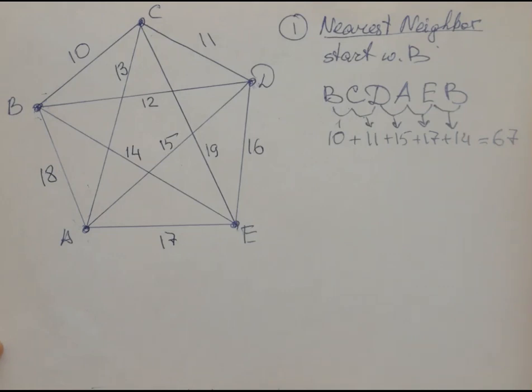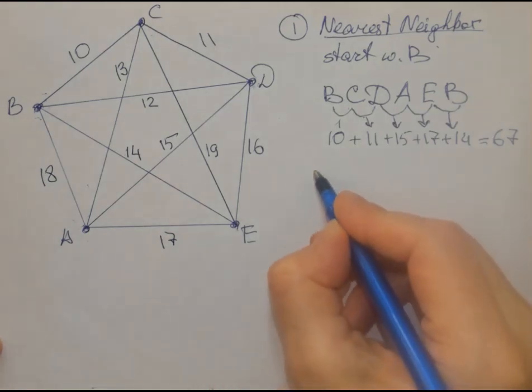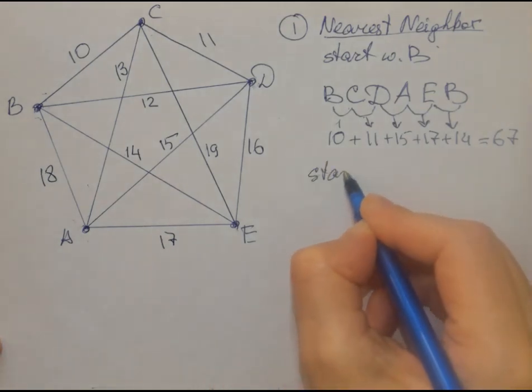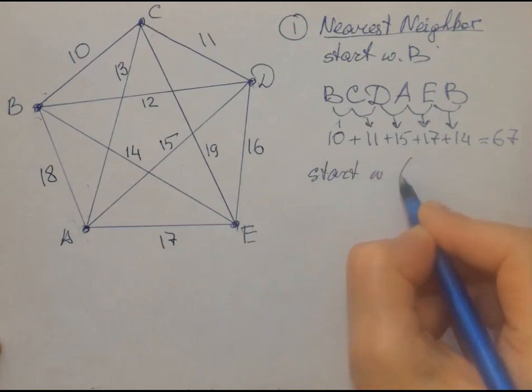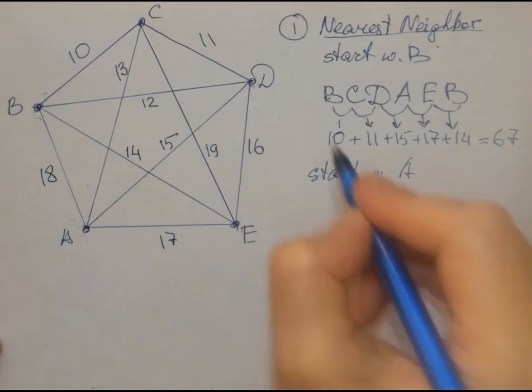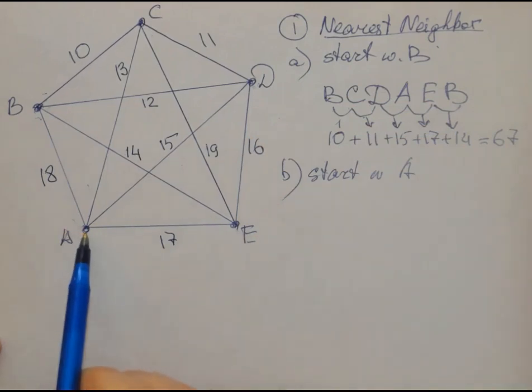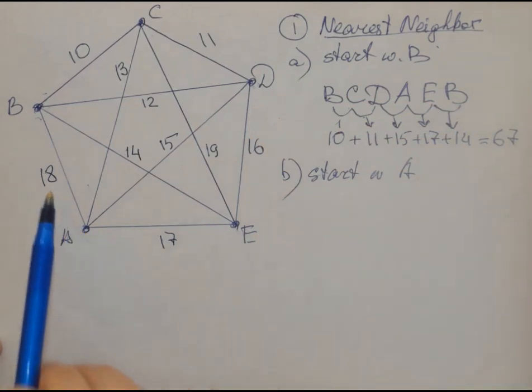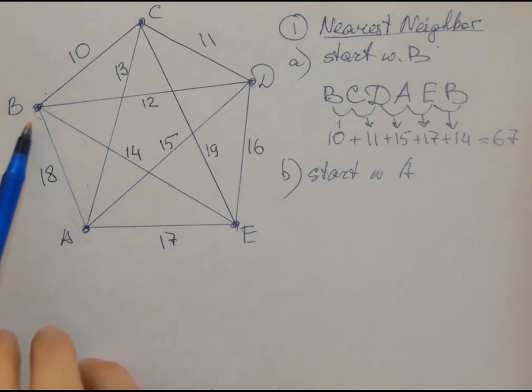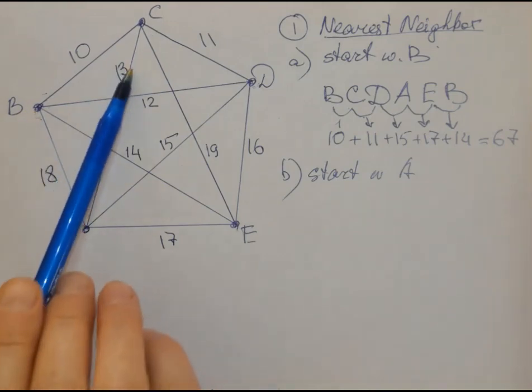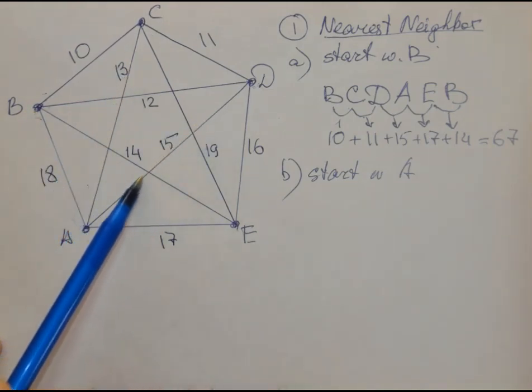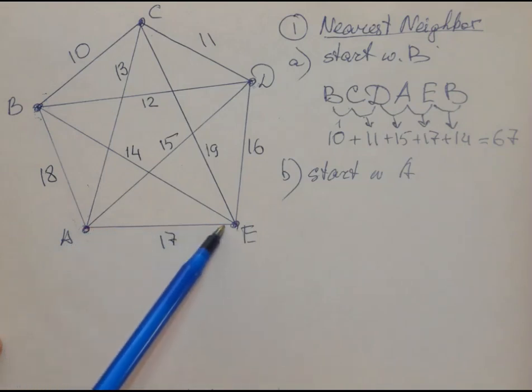Let us find the circuit starting from A. Starting with the vertex A. From A, we have 4 options: 18, 13, 15, and 17.